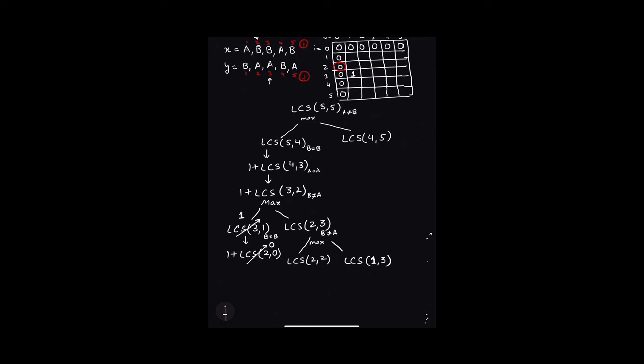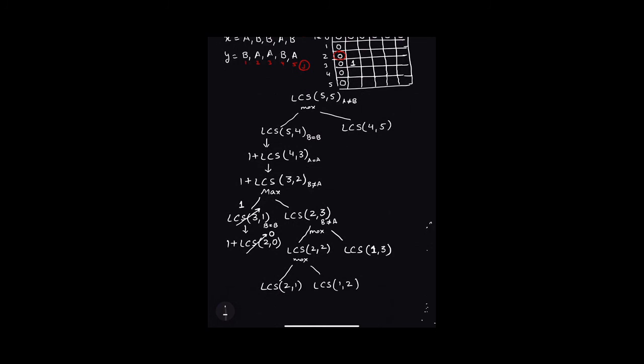Again, let us find the value of 2, 2. So this is B and A, they do not match. Again, we are going to find the maximum value where my LCS would be having value of 2, 1 and LCS will be having value of 1, 2.